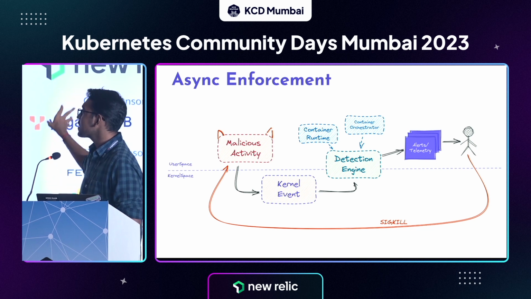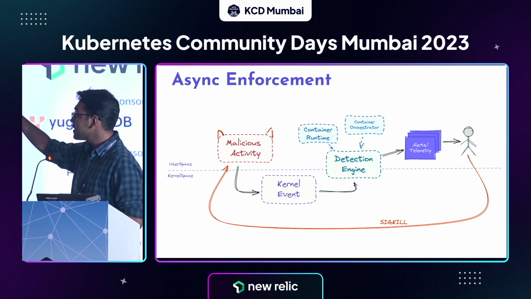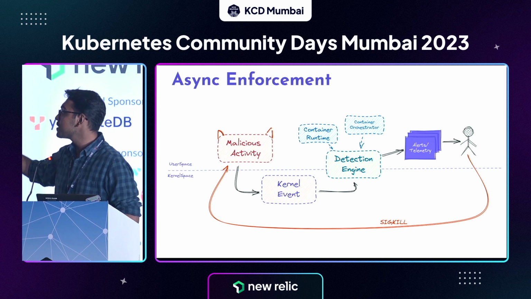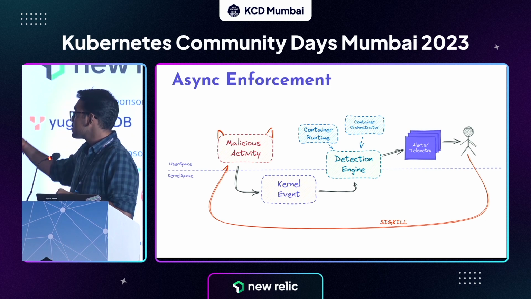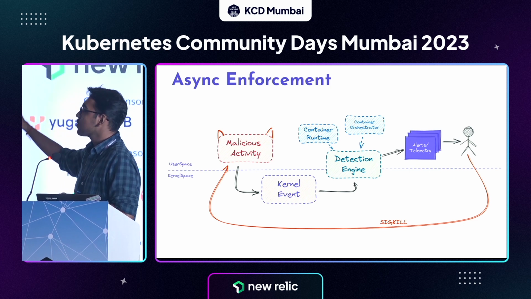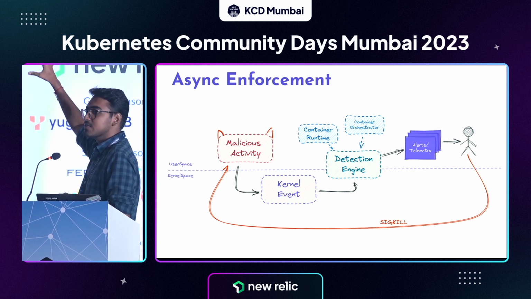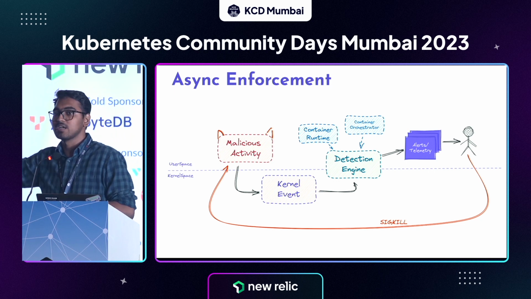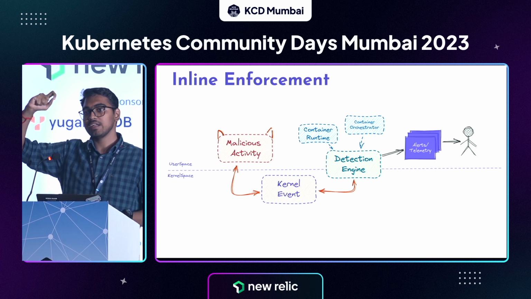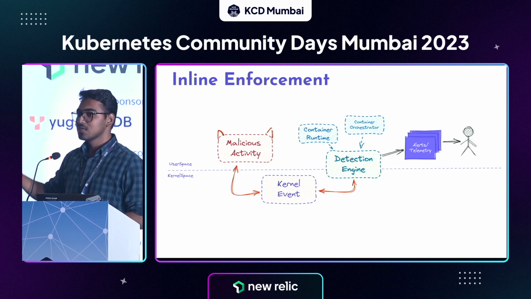And that's how we can contain it. But by the time this entire life cycle happens, the malicious activity could have caused much more danger because the entire pipeline takes time. Going from kernel to user space, combining the information, going to some automated or manual system, and then it's killed. The other idea of enforcement is inline enforcement.